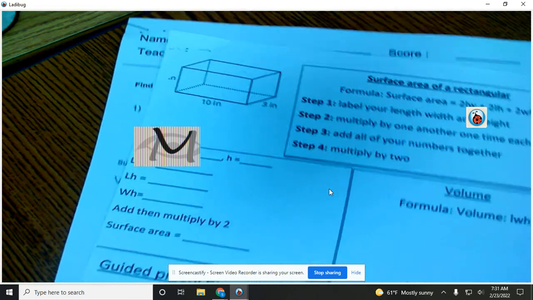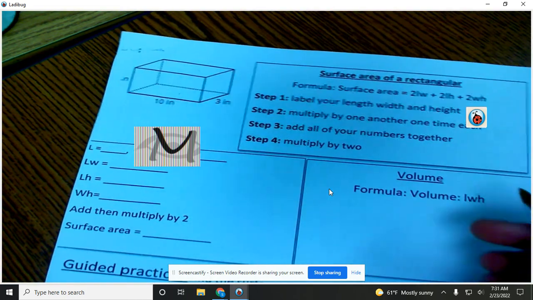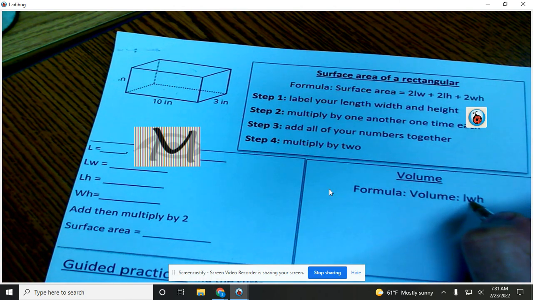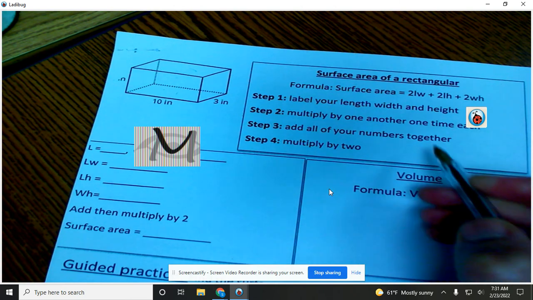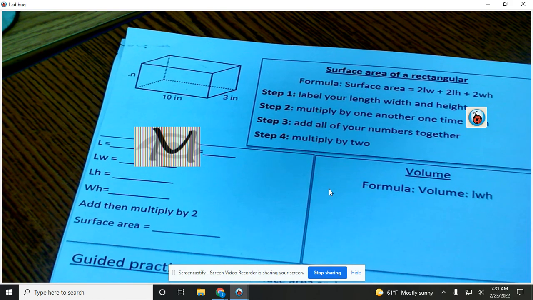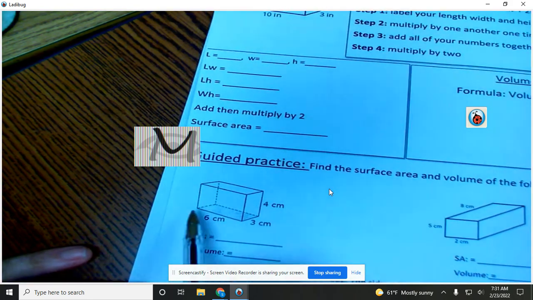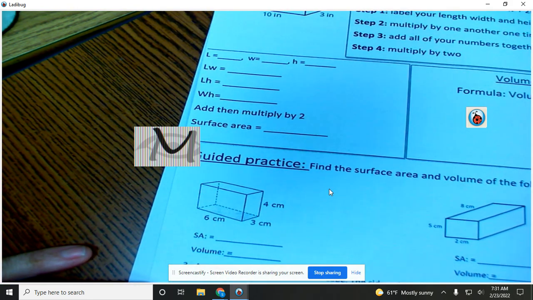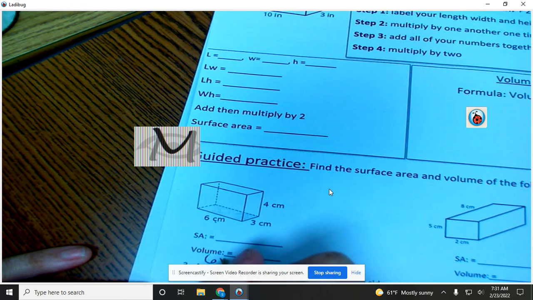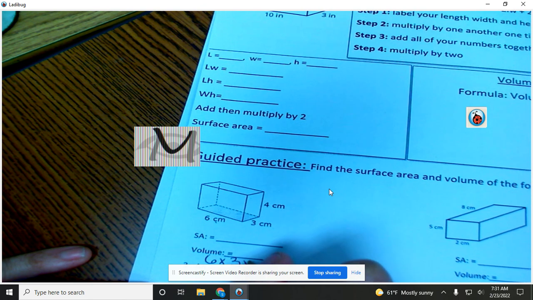Now on the back side, let's look, and once again, we are going to look for the volume, which is length times width times height. And that is for the rectangular prism. All right. So on here, we know that it's going to be 6 centimeters times 3 centimeters times 4.